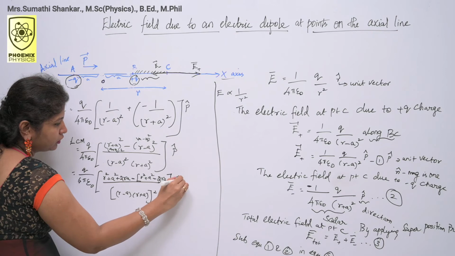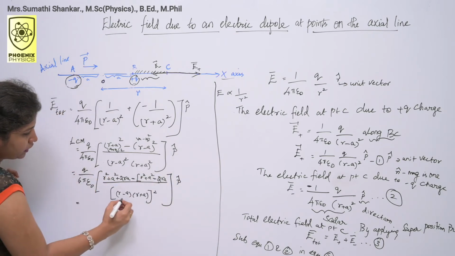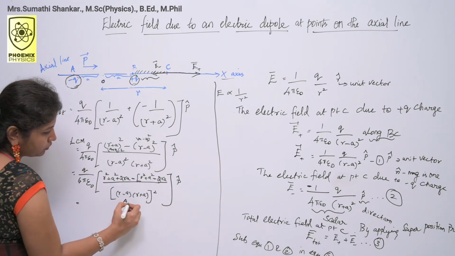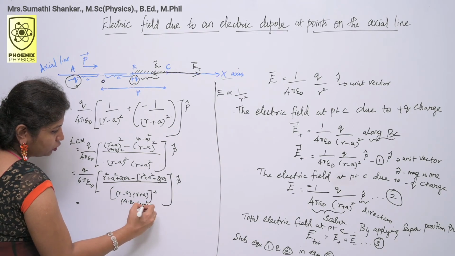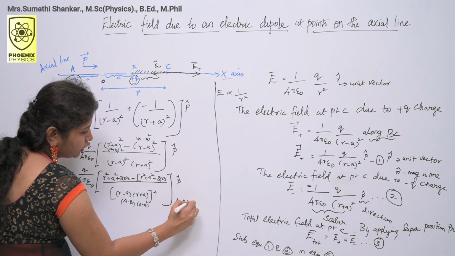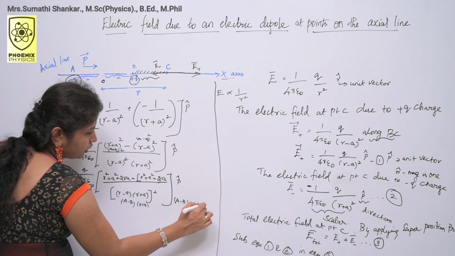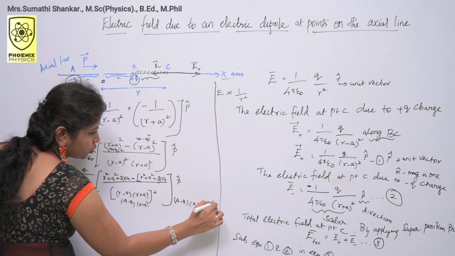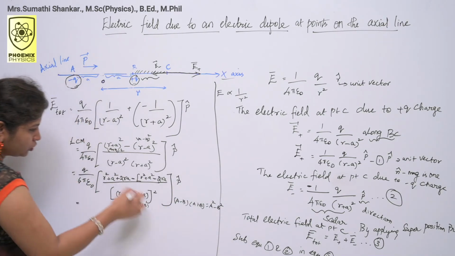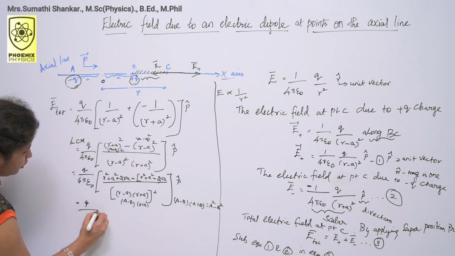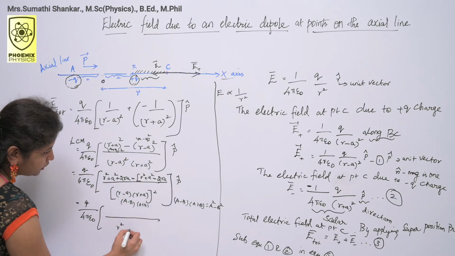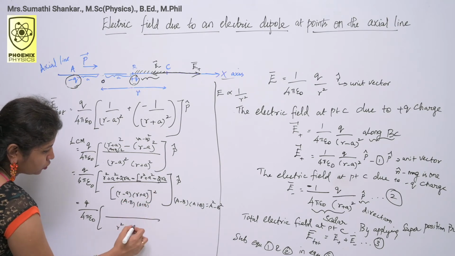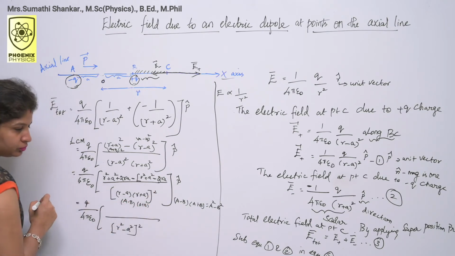Then P cap. So how do you write? This is nothing but (A minus B) into (A plus B). You know the formula: (A minus B) into (A plus B) is equal to A square minus B square. So substitute this: Q by 4 pi epsilon naught divided by (R square minus A square) the whole square.